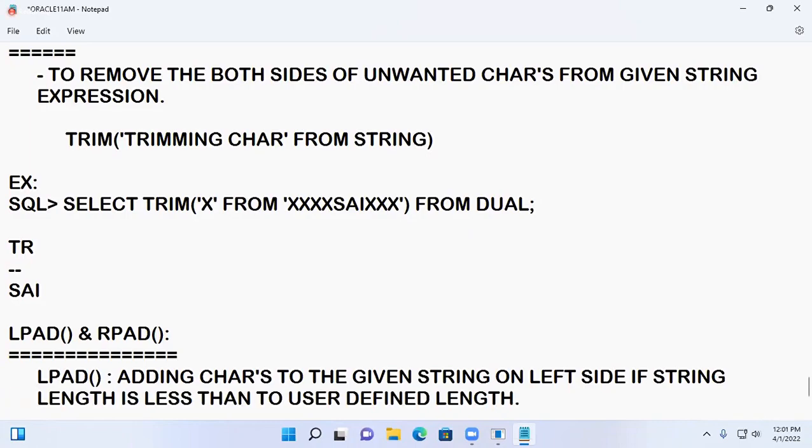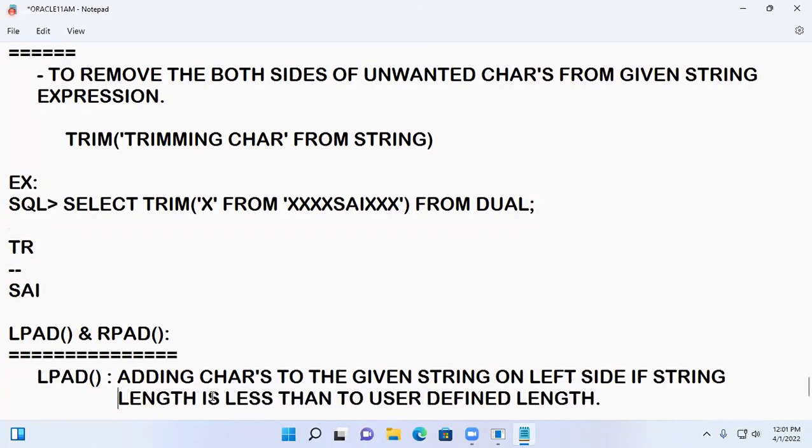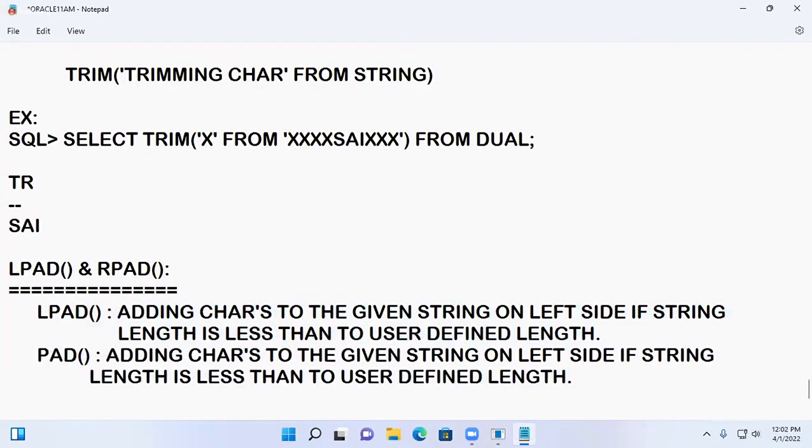So this is what we called as, guys, here L pad. So padding means adding. So adding characters to given string on left side if string length is less than user defined length. The same as your right pad. So that is called R pad.